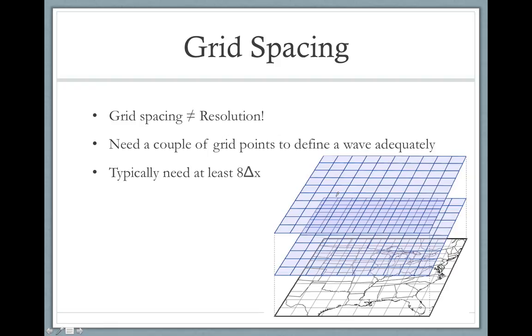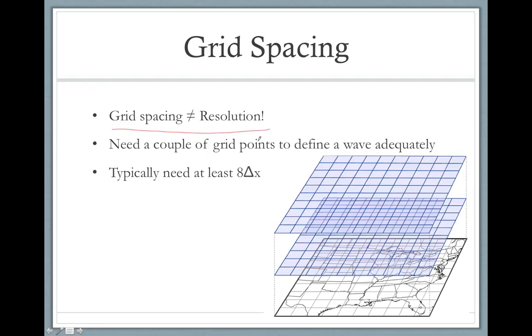Or if we're running a higher resolution version, we might run it at 4 kilometers or 3 kilometers. Or if we're really lucky and have good computational speed, 1 kilometer. But that doesn't mean we can actually observe things that are 13, 4, 3, or 1 kilometer big. Okay? Because grid spacing does not equal resolution.